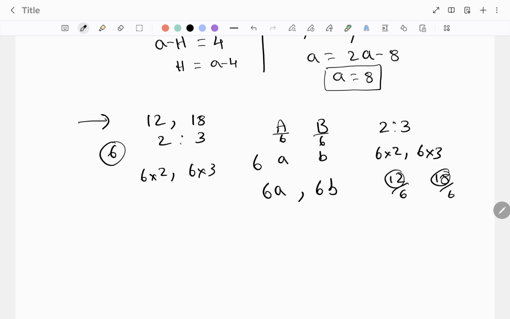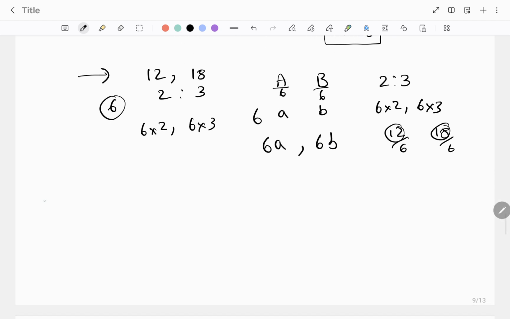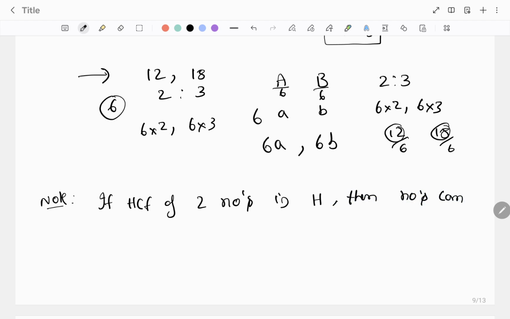So by this we can make a note that if the HCF of two numbers is h, then the numbers can be hx and hy. What are x and y? The quotients.